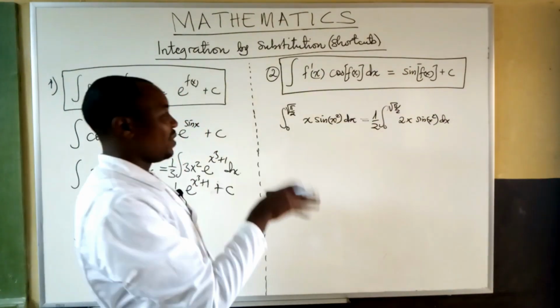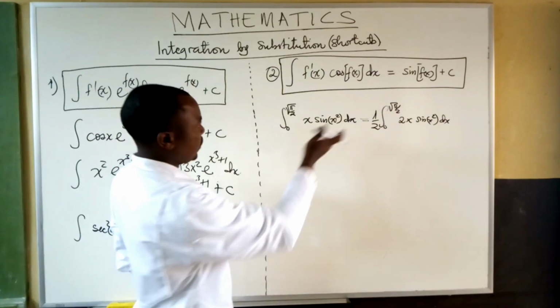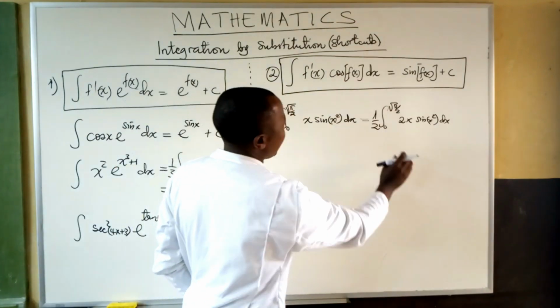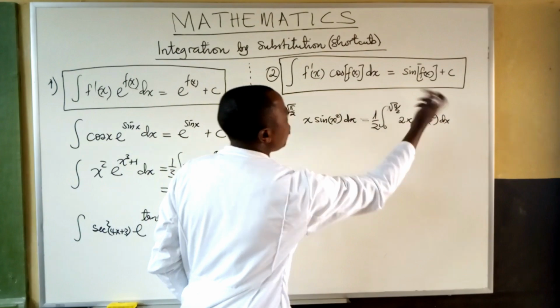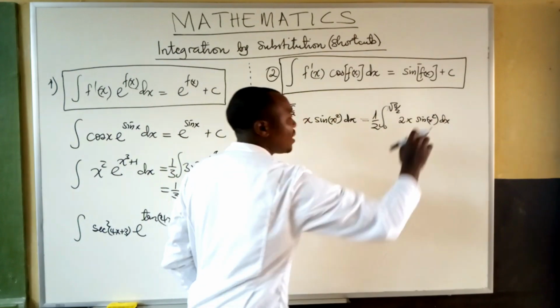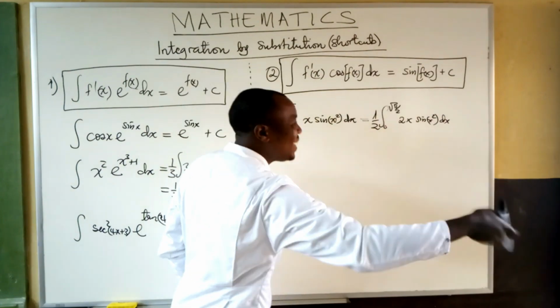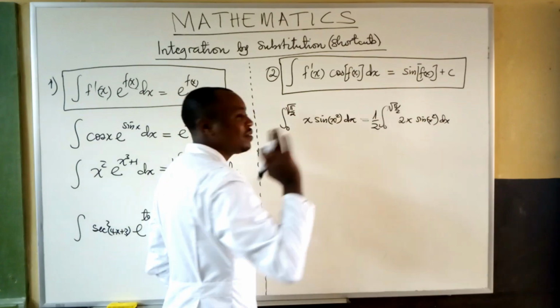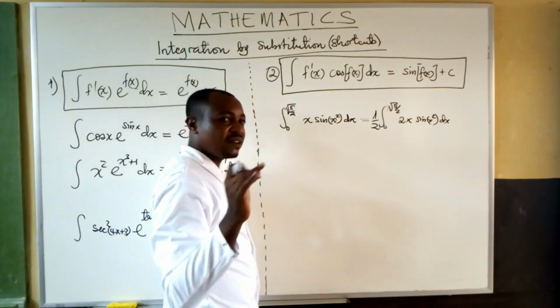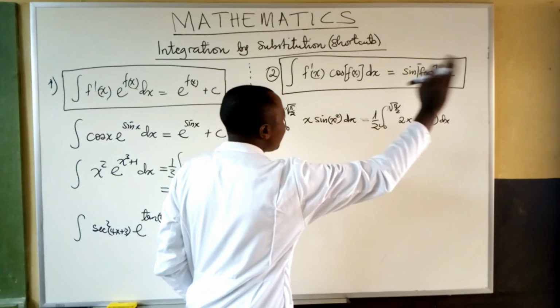From there, the shortcut tells me I have to ignore the differential and then change the trig function into the corresponding integral of that very trig function, maintaining my f of x.